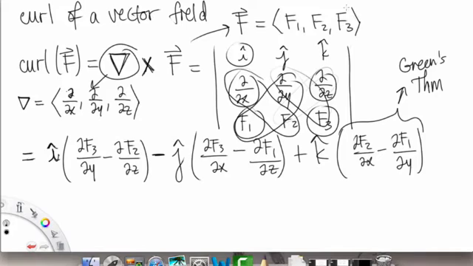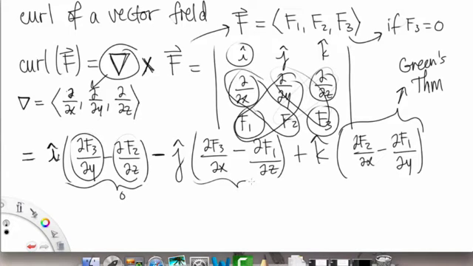In the case that f sub 3 equals 0, these other terms would go to 0, and you would just be left with this here. So that's just, again, a side note.